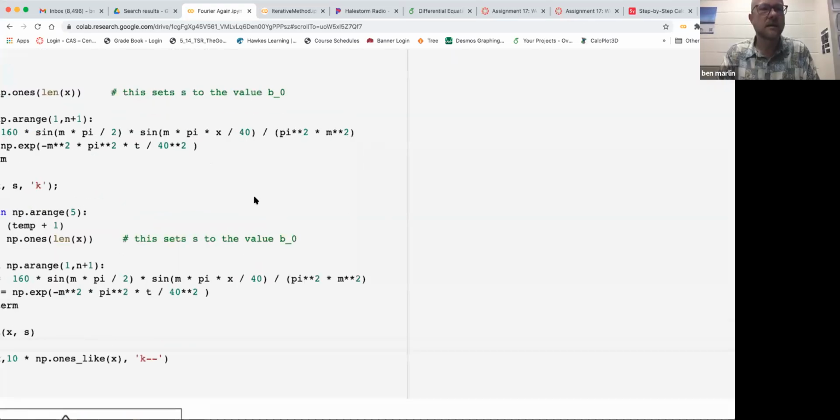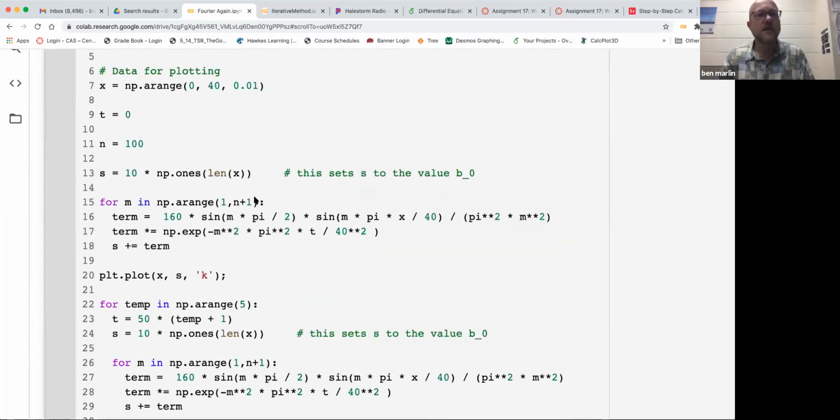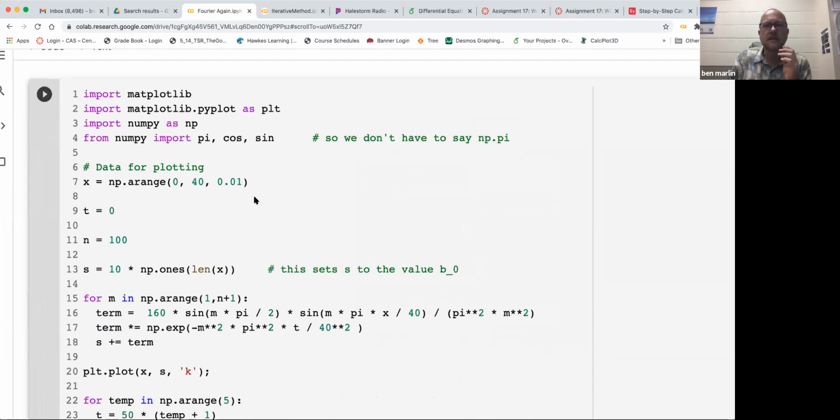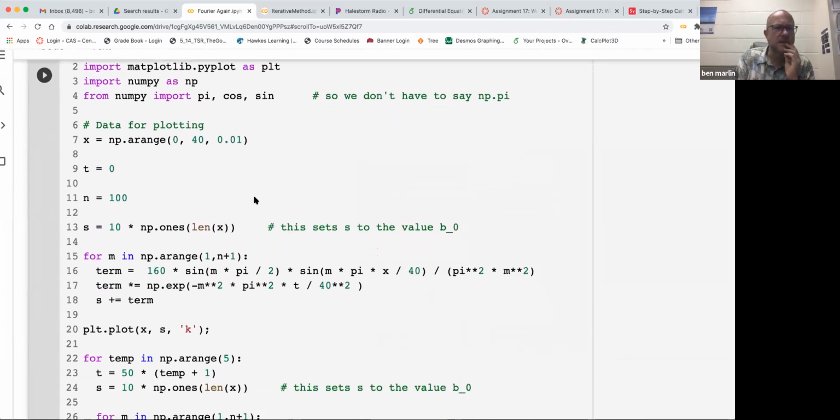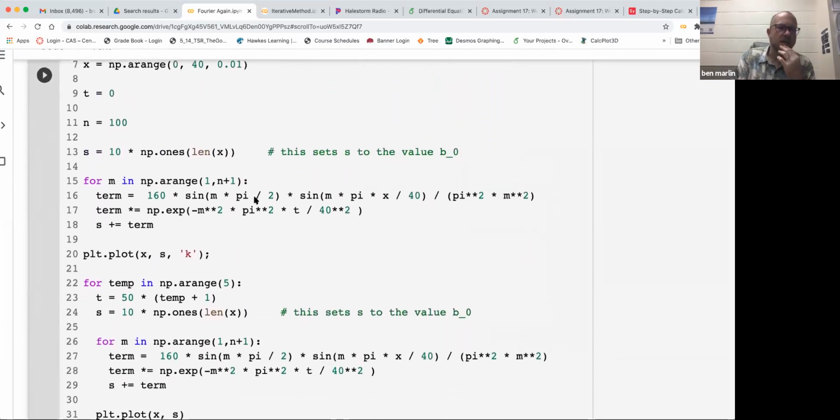So, coding how to get that to work out. I'm going to pull that up here and let y'all see. I just took the Fourier plotting stuff that we had yesterday. Aha, I see what went wrong with it.